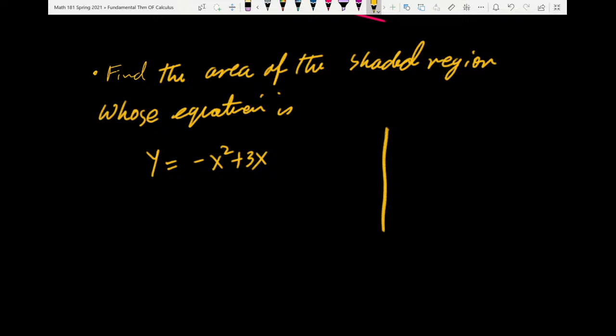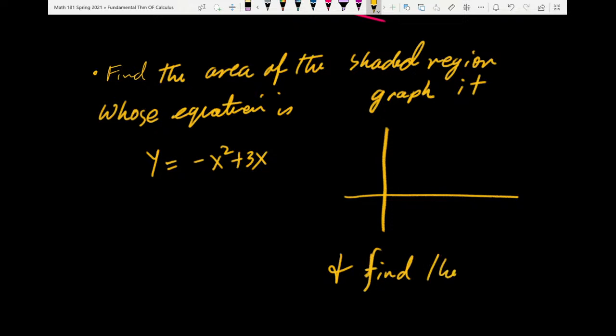Just to give you a hint, graph it, and then find the x-intercepts. Then you can graph it.